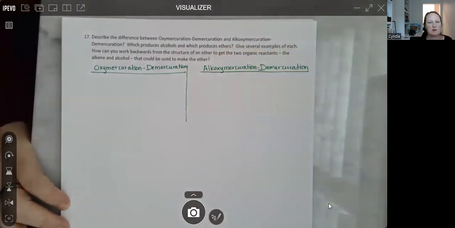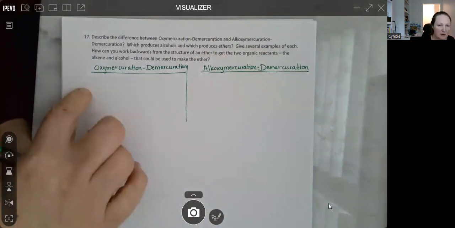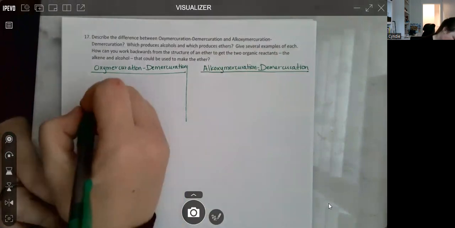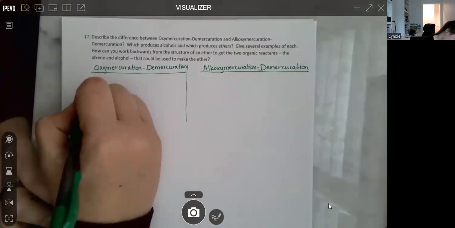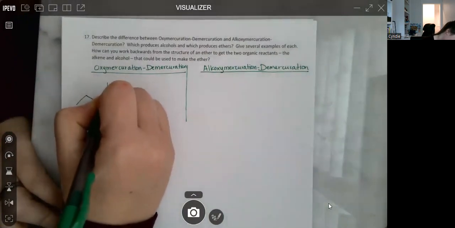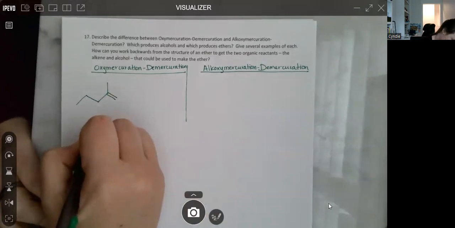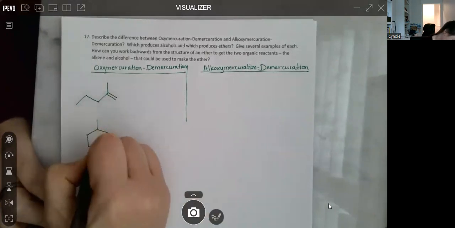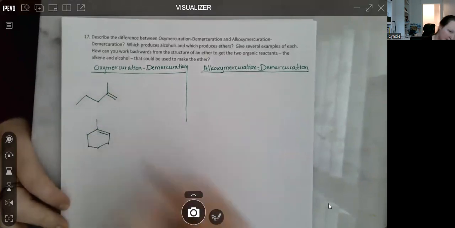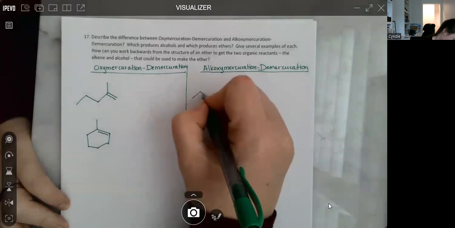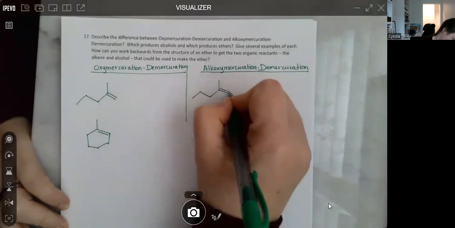Sort of a compare and contrast here. Typically they show the alkene as the starting material in these reactions. So for example, let's give a couple of examples. Maybe we would look at a substrate like this or a cyclic structure, something like that. And we'll just do the same substrates over here for the alkoxymercuration.